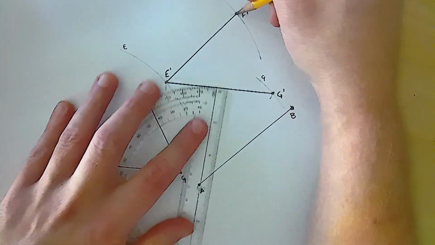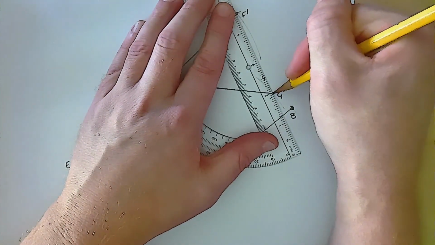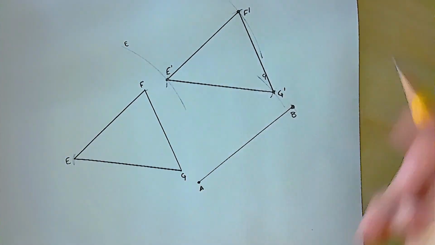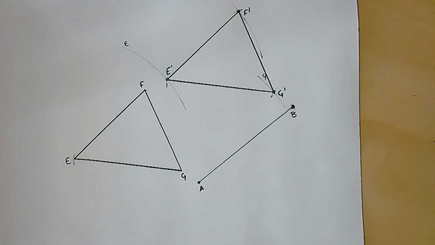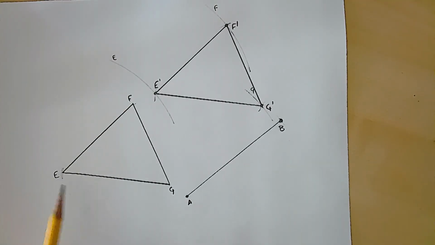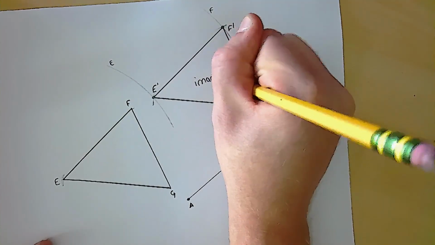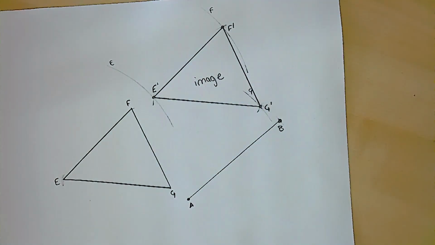Oh, see, that's why it's good to double check it. Cool. Looks like I have effectively been able to translate EFG along vector A, or line segment AB, to create the image E prime, F prime, G prime.